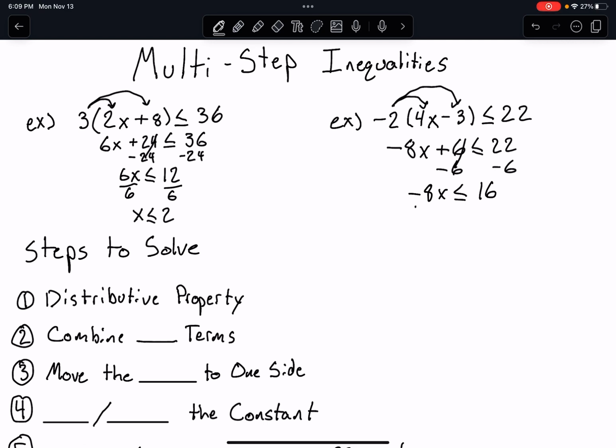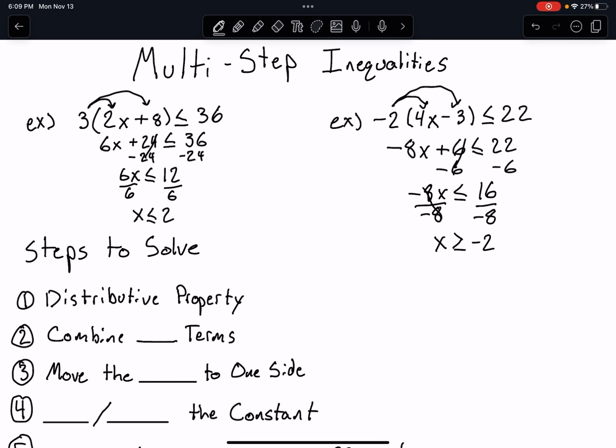We're going to divide by a negative 8, and remember, when we multiply or divide by any negative number to solve, we need to switch our inequality symbol. Looks like x will be greater than or equal to negative 2.